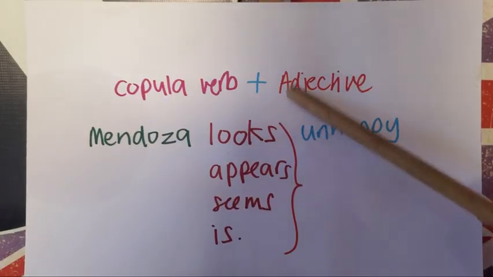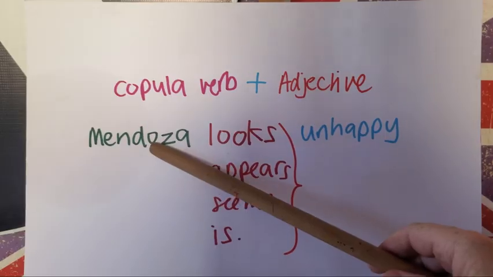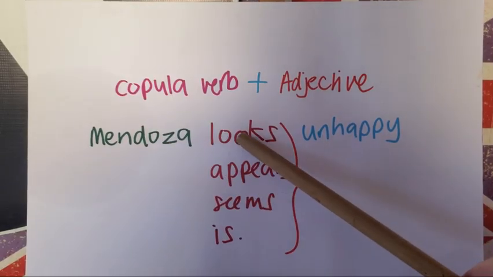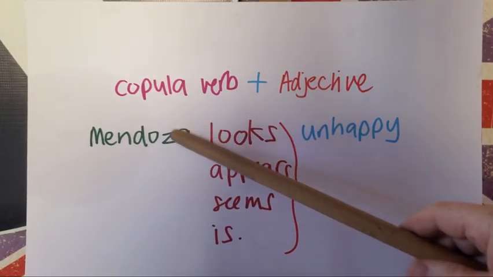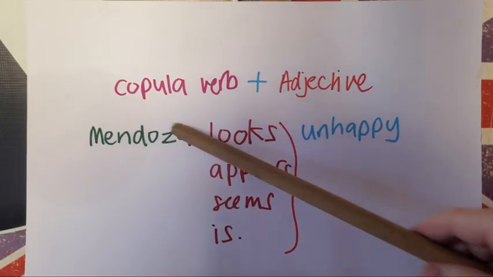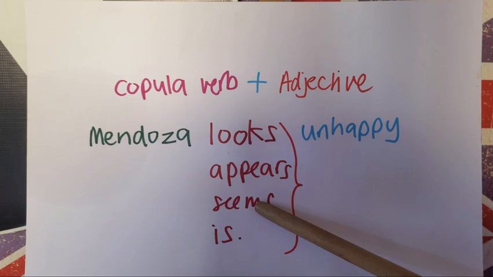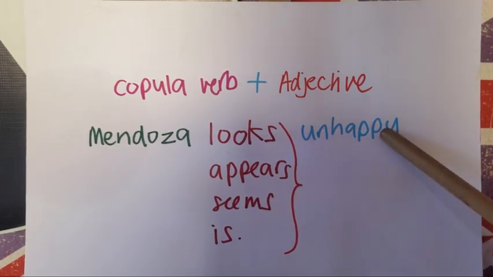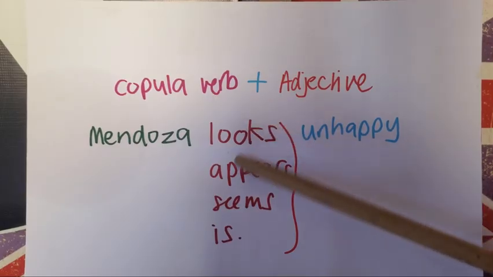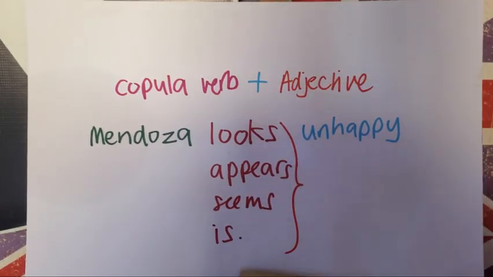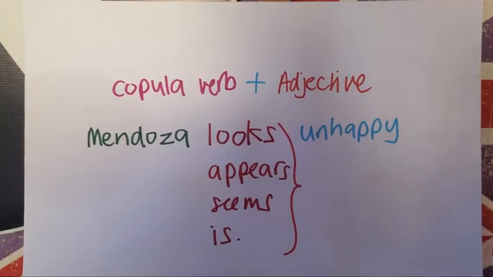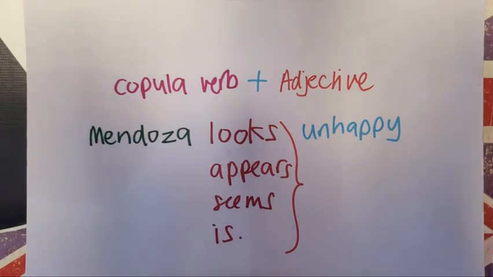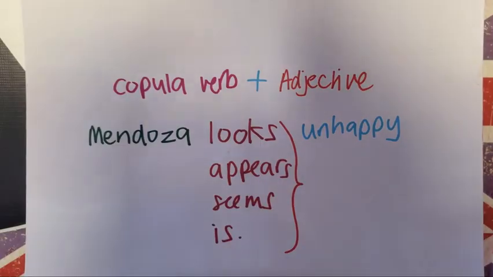They're always followed by an adjective. So we have Mendoza looks unhappy, or Mendoza appears unhappy, or Mendoza is unhappy. Unhappy is an adjective. A copular verb is simply this basic group of personal verb, if you like, which deals with an adjective.